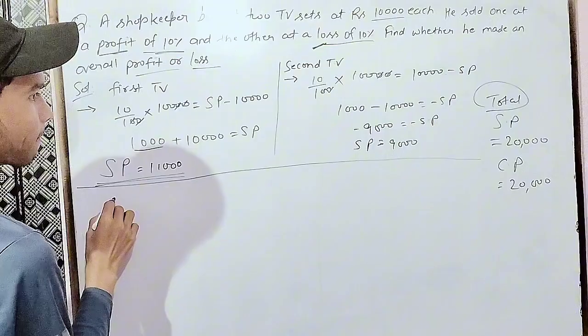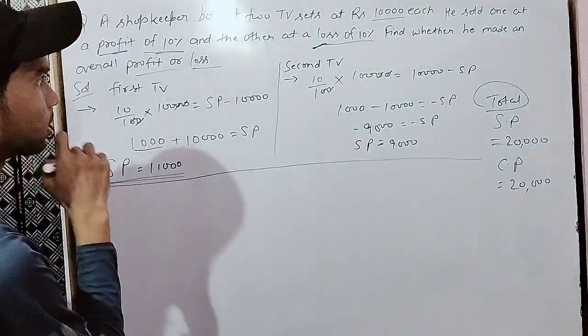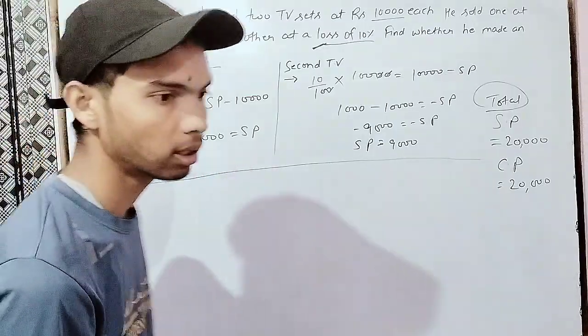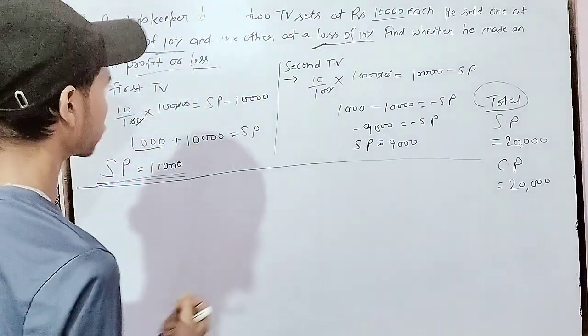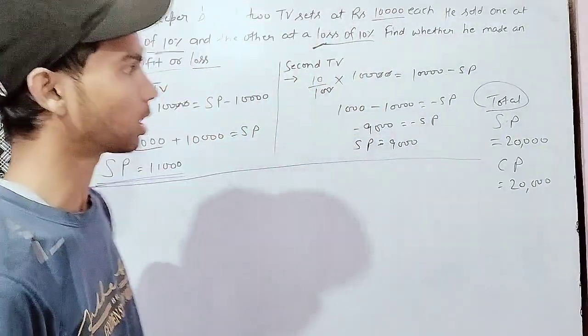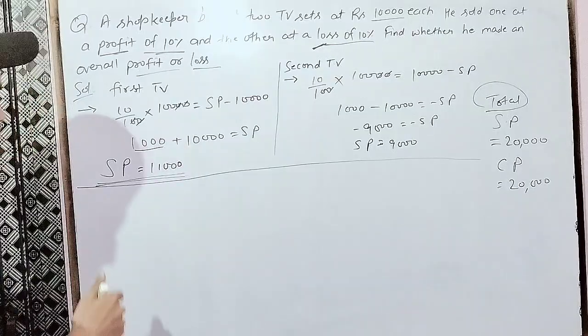Let's say we don't know the percentage. You already know that there is neither profit nor loss because 20,000 selling price is equal to the cost price.